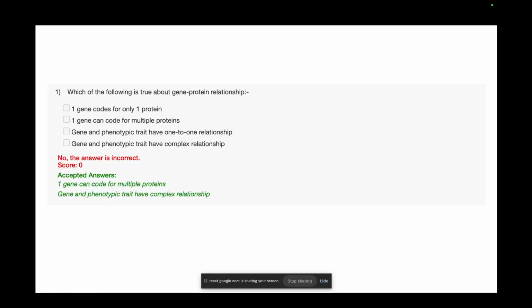It's not one-to-one. The one-to-one relationship exists in monogenic disorders like sickle cell anemia and cystic fibrosis, where a single mutation causes the particular phenotype. But in most cases, it's not a one-to-one relationship. You have a very complicated relationship. We have polygenic disorders and polygenic traits in most cases.